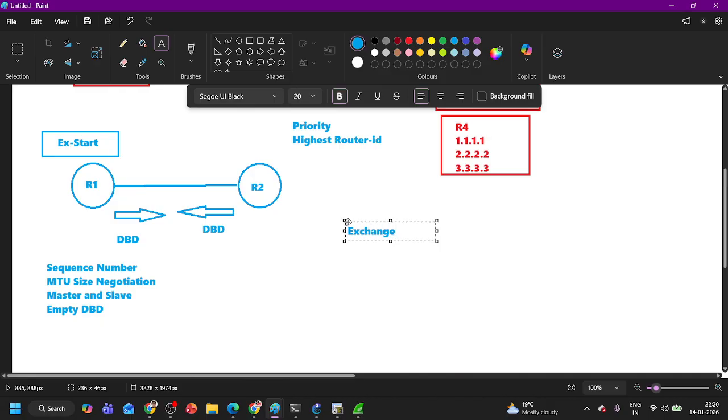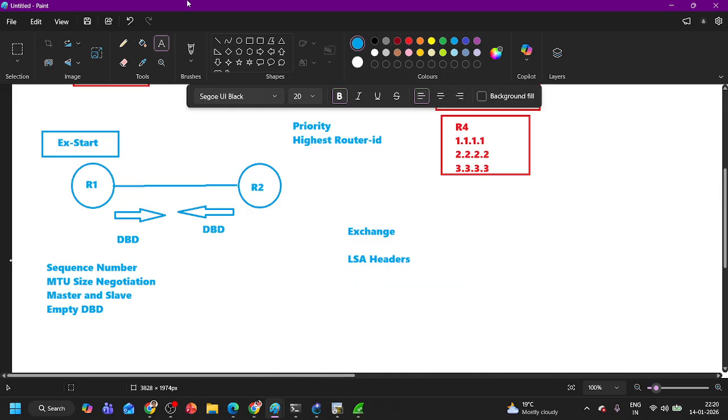In Exchange state, routers are going to exchange the actual DBD LSA headers. Routers will send LSA headers, right? In ExStart state, empty DBD, and in Exchange state, the actual header.